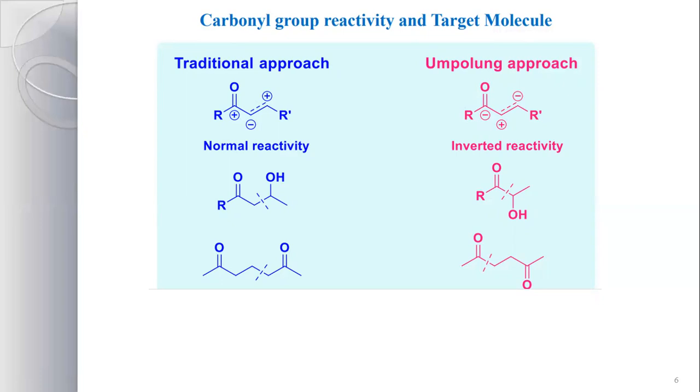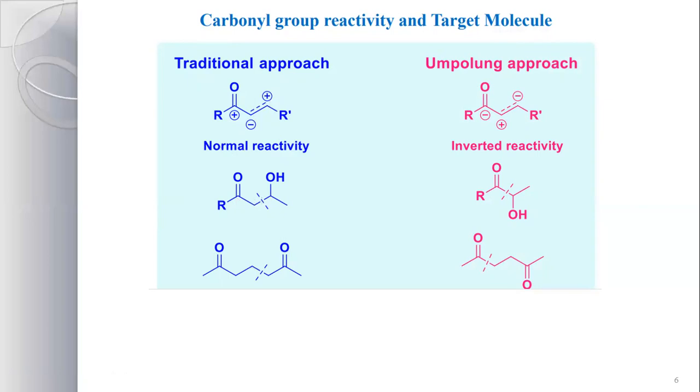How can we differentiate whether an Umpolung reaction has occurred or not in a compound? In the traditional approach, the carbon is electropositive, meaning it is an electrophile. The second one is an anion, meaning it is a nucleophile, and the third is positive again. So the functionality position is 1,3.